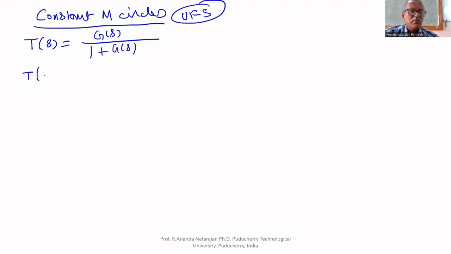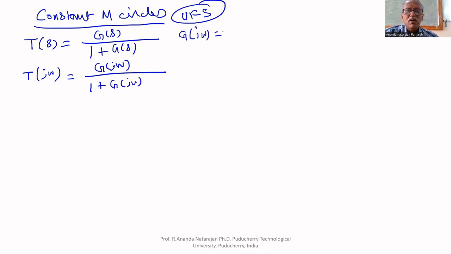What is T of j omega? It equals G of j omega upon 1 plus G of j omega. But if you find G of j omega, it is a complex number. If you substitute any point in that, you will get a complex number.